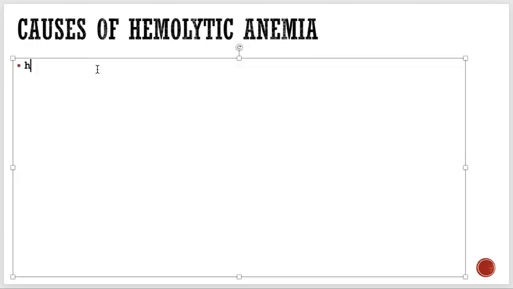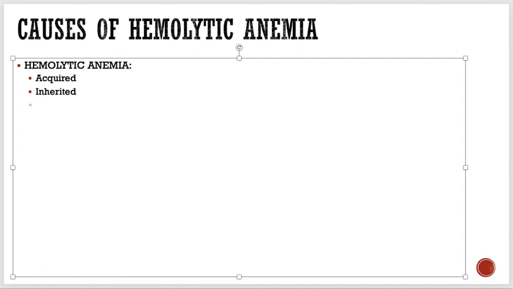So now we will talk about hemolytic anemia classification. What are the causes of hemolytic anemia? Now remember one thing, that whenever someone has hemolytic anemia, it could be acquired, or it could be congenital or inherited.